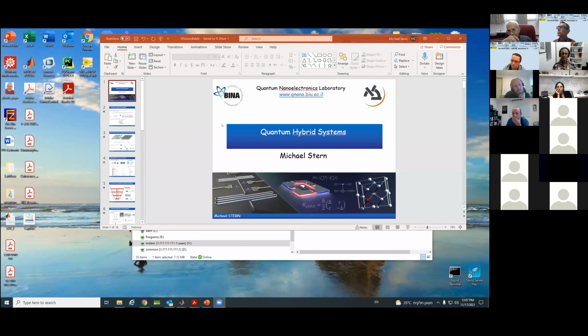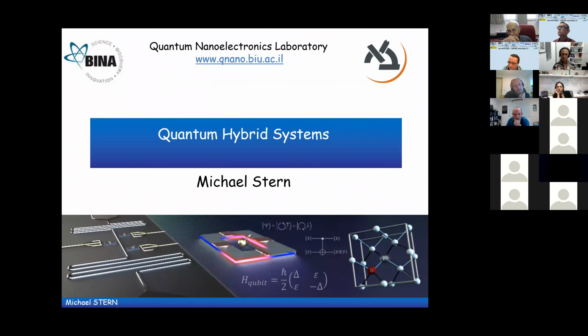Our lab in Bar-Ilan is trying to couple superconducting circuits with spin, in order to couple spins together. So we are very close to what Andrea is doing, but in a different manner.